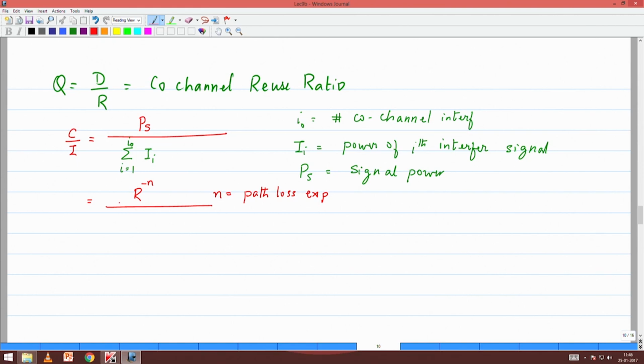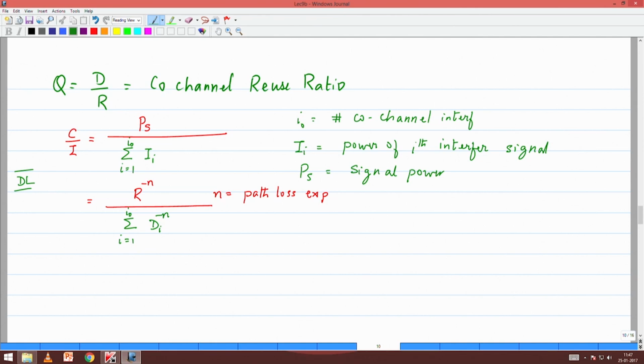Now the number of interfering signals is the same, i equal to 1 to I naught. This will be di raised to the power minus n, the distance of the base station to the mobile. So we are basically looking at the downlink scenario. Okay, so base station i, which is the interfering base station, to the mobile.